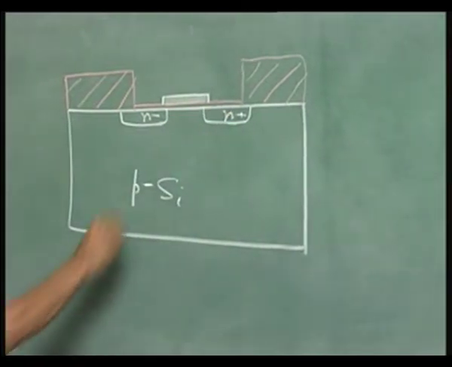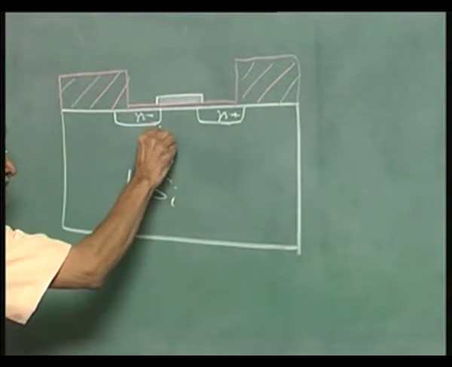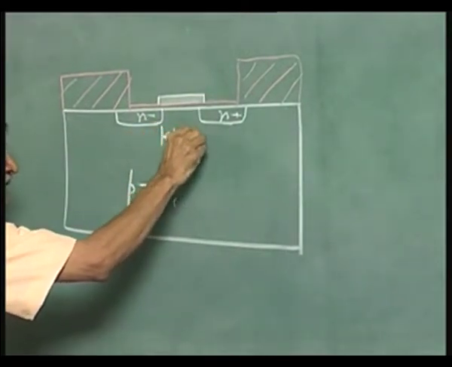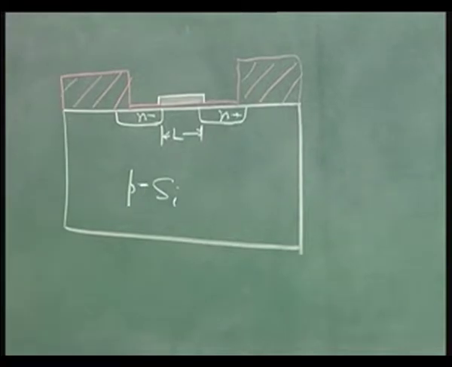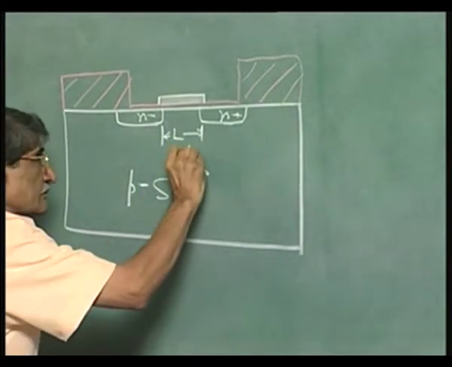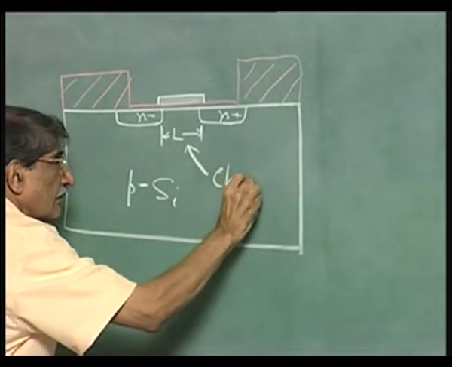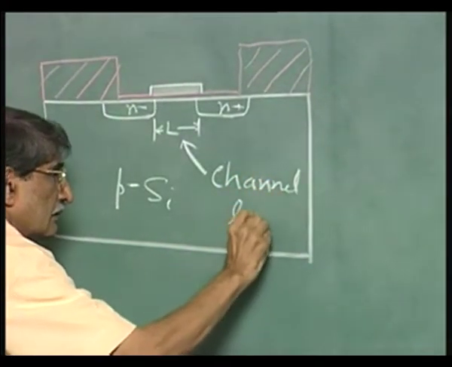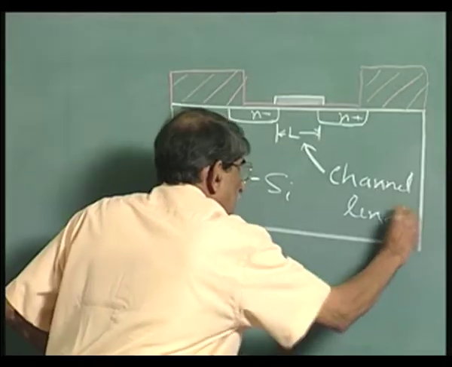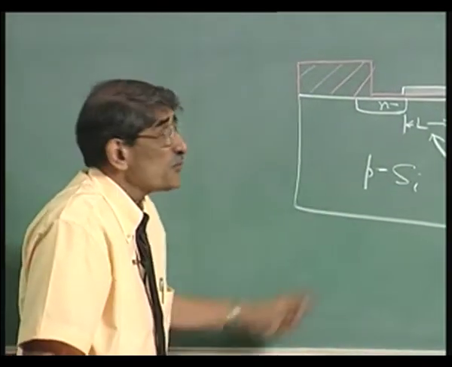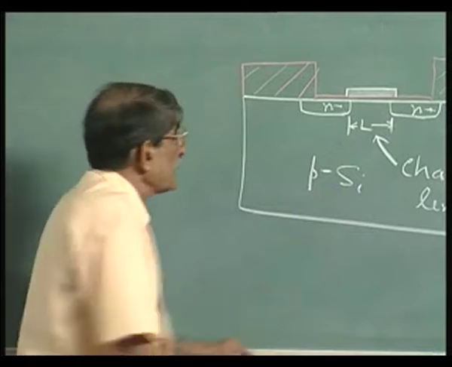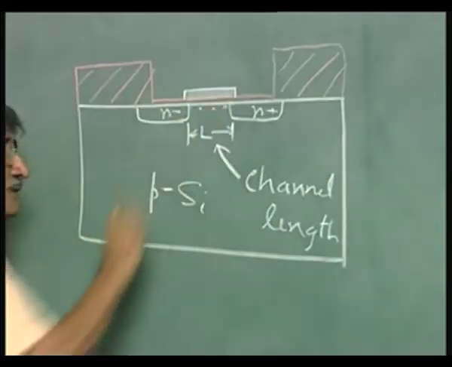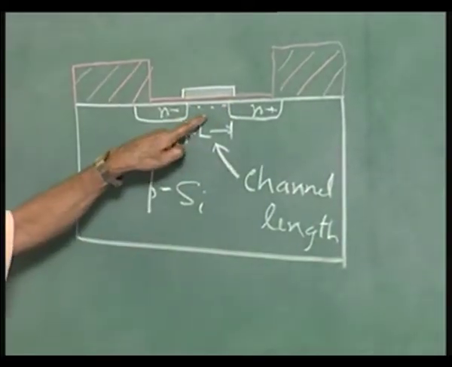Now, what I am trying to point out is, this is that L that we are talking of right through, that is the channel length. You want to keep that minimum, and the electrons actually will be transported through this layer. You want to keep the mobility high in that layer.